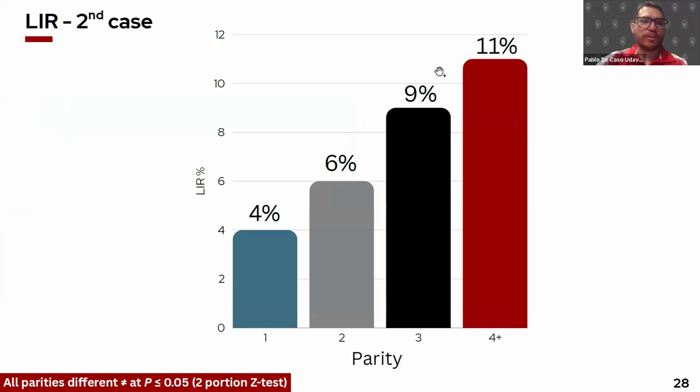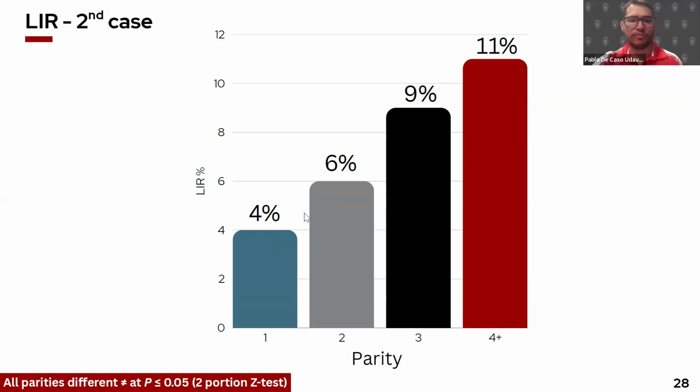But then moving forward, we have the lactational incidence risk for a cow to develop a second case of clinical mastitis. So in the first one, we were discussing the probability that a cow developed one case of mastitis throughout her lactation. These are the results for the cows being diagnosed 2 times with clinical mastitis. And we can see that it's a decreased risk, but still quite considerable.